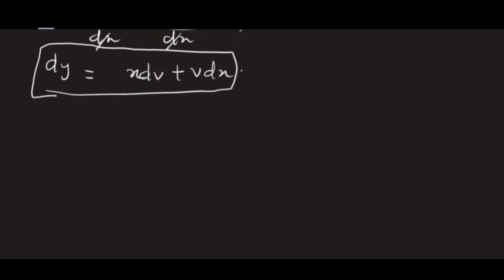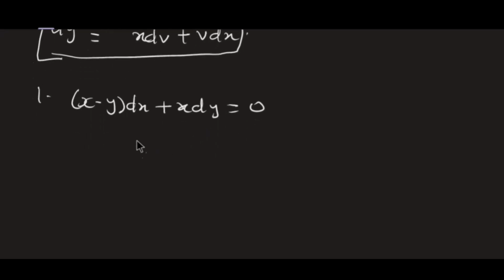I have my first problem to be (x minus y) dx plus x dy is equal to 0. So first of all, let's prove that this equation is homogeneous. You only have to substitute x and y with tx and ty.